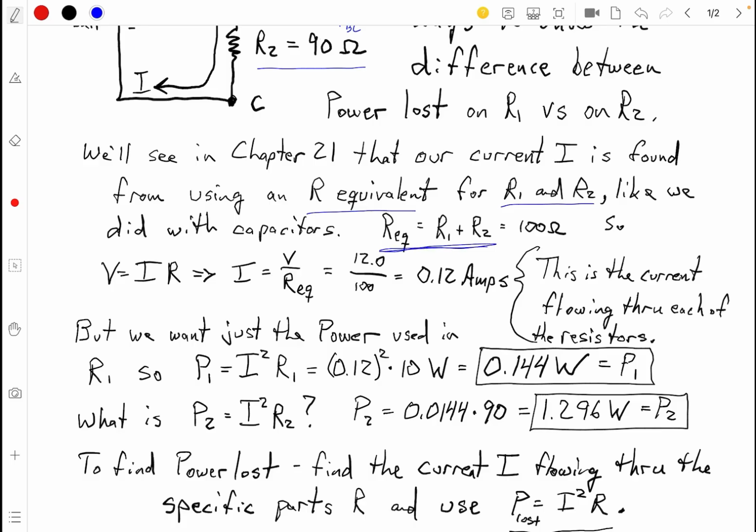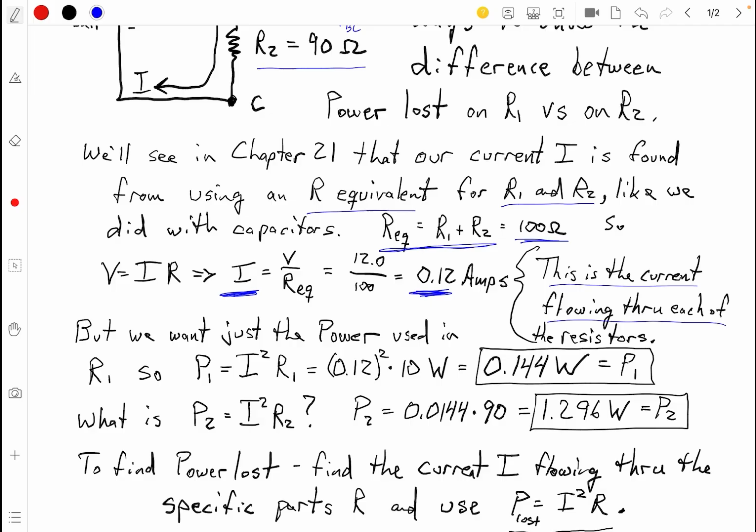So if we add 90 plus 10, we're going to get 100 ohms. So then we can figure out what that current is over the whole circuit. That is 0.12 amps.